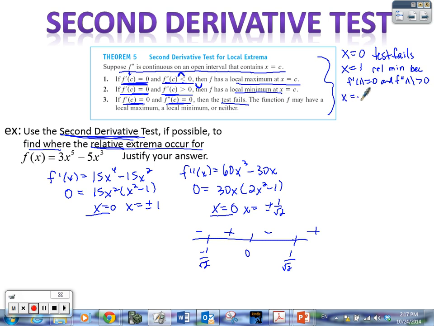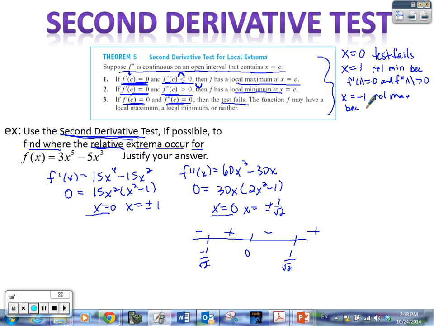All right, our last one, -1. Let's see. Where -1 would be over here, right? Be over here, and so our second derivative is negative. Our first derivative is 0, our second derivative is negative. What does that mean for us? It's a maximum, right? Because the second derivative is negative, it's concave down, and so it's a relative max.